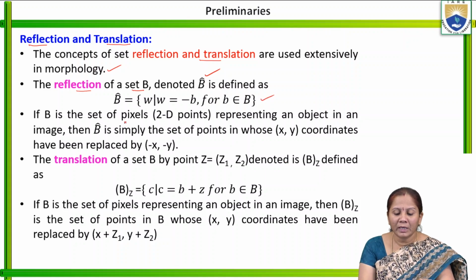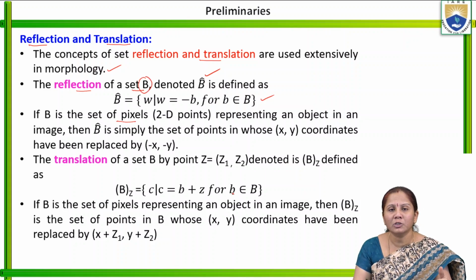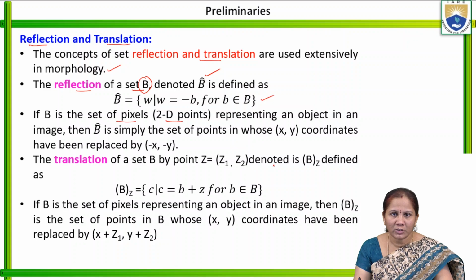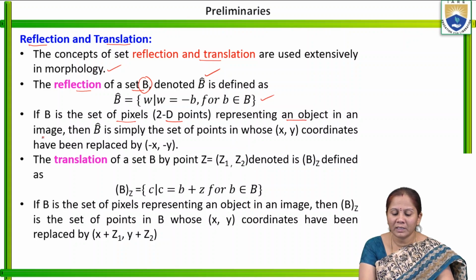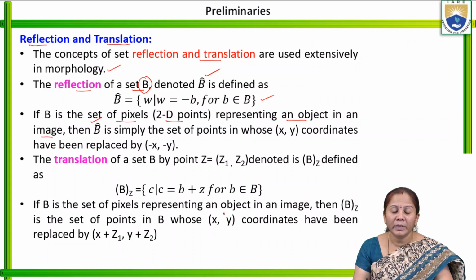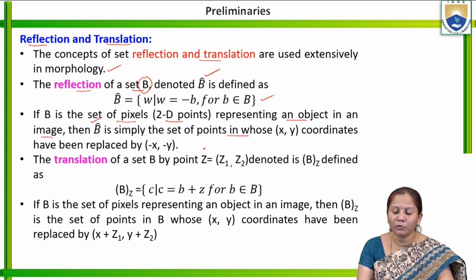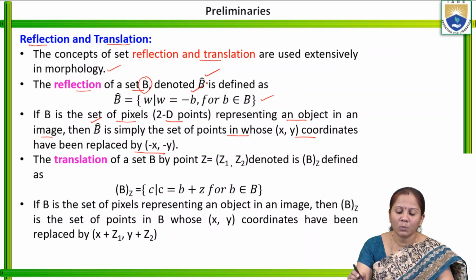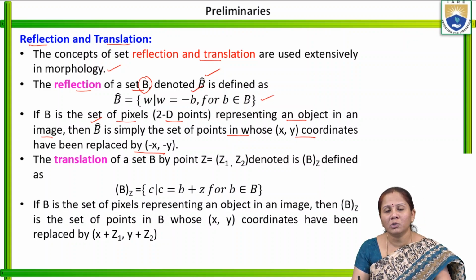If B is a set of pixels, let us consider a 2D image where it represents an object in the image. Then B hat simply indicates the set of points whose x and y coordinates have been replaced by minus x, minus y, because w is equal to minus b. So the two coordinates of set B, x and y, are indicated in the reflection as minus x and minus y.